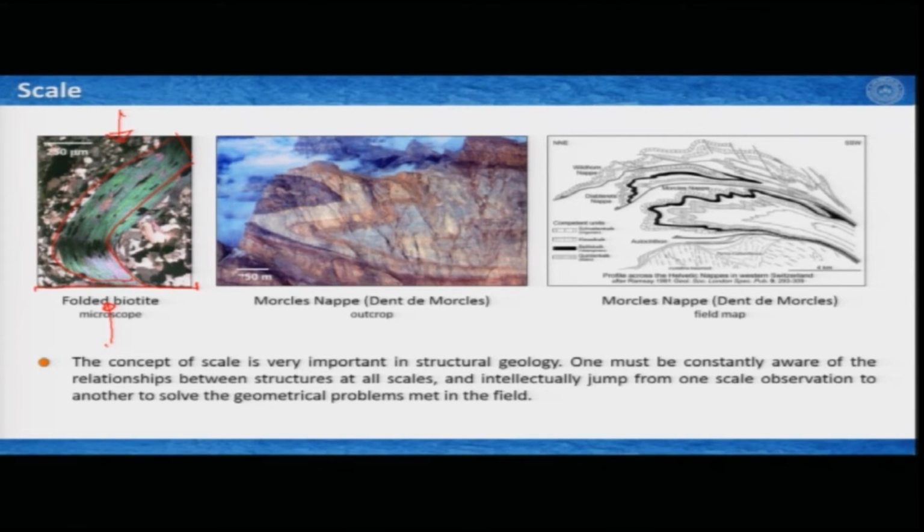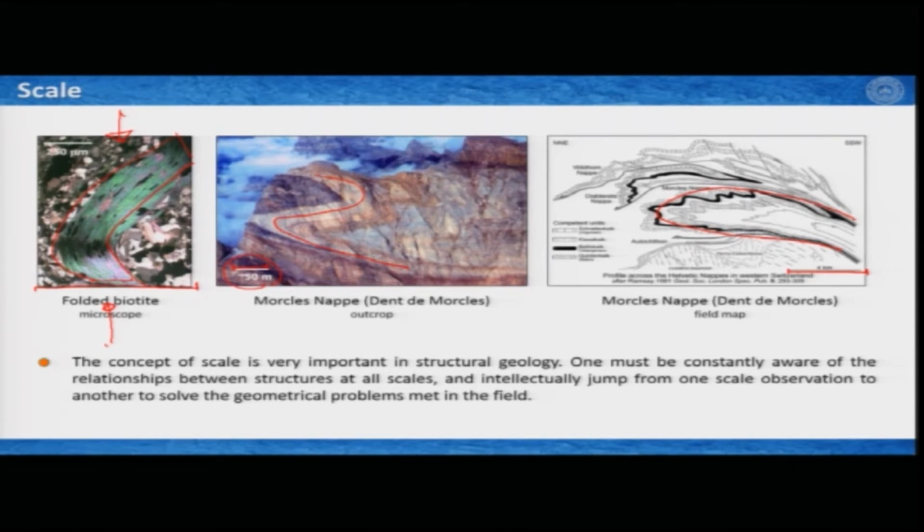Now if I jump to the next image, we see a very similar structure which is a fold, but here the scale, or this distance in this entire image, is close to 50 meters. And if we look at here, this distance is about 4 kilometers, and we almost see a very similar structure. Now if I see a fold in the first image and if I see a fold in the second or last image, then they characteristically may be the same.